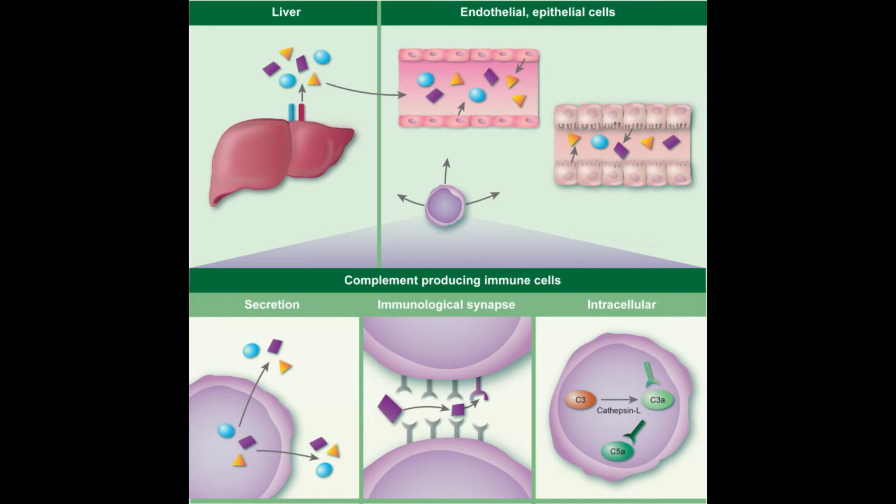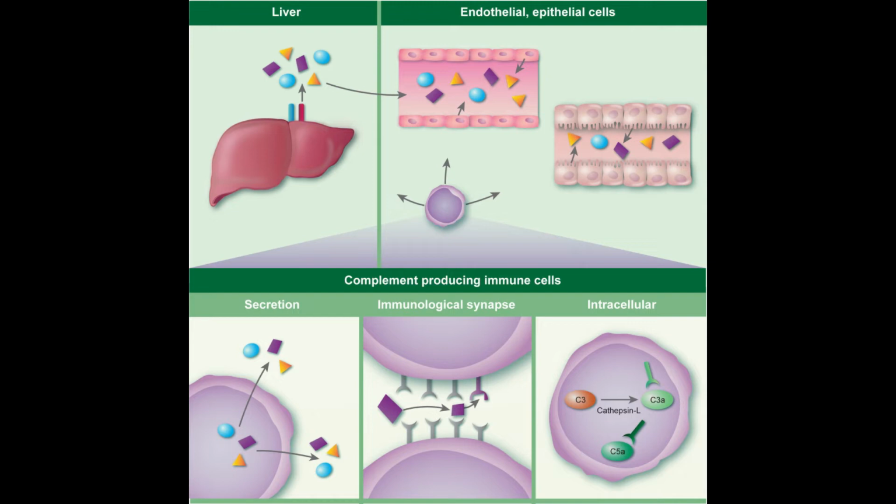C1r has a molecular weight of 85 and a concentration of 50 micrograms per milliliter, and it activates C1s. C1s also has a molecular weight of 85 and the same concentration as C1r, which is 50 micrograms per milliliter, but its function is to cleave C4 and C2.